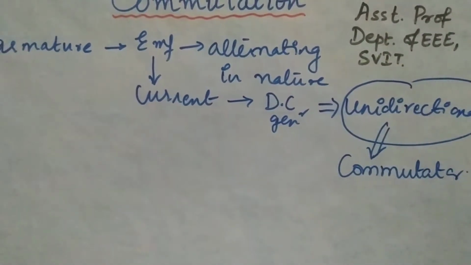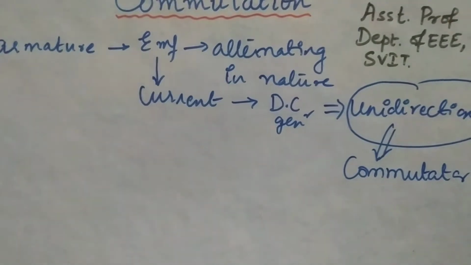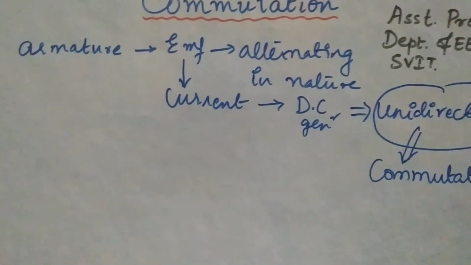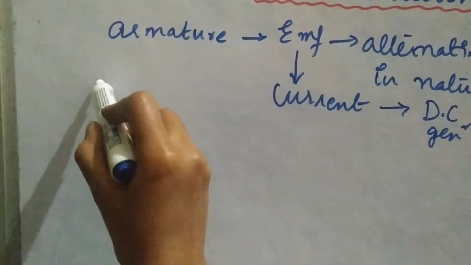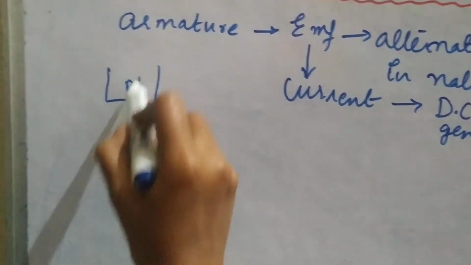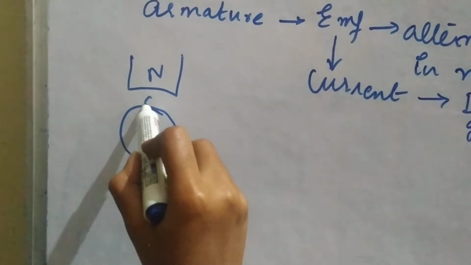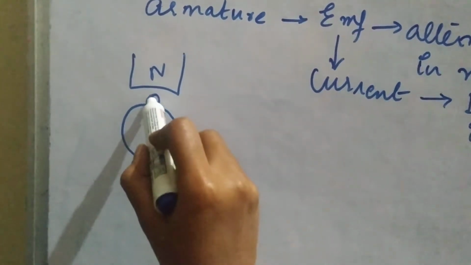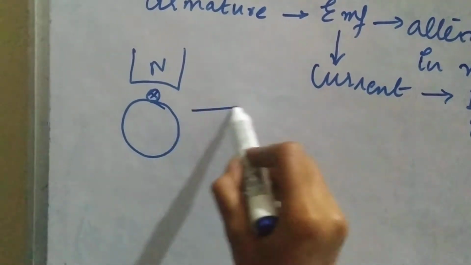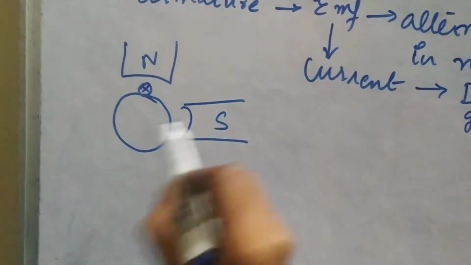So when the armature conductors are under the north pole, let me consider the conductor under the north pole. Let me consider this is the south pole.